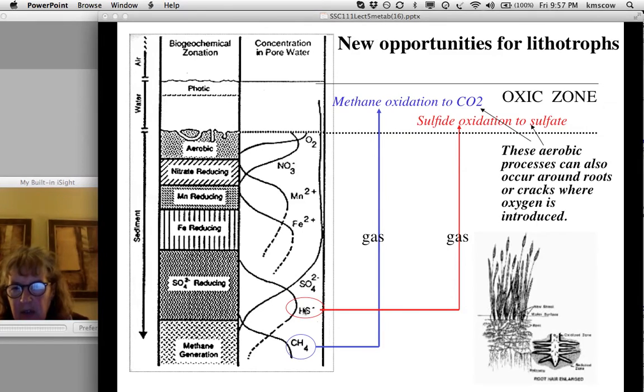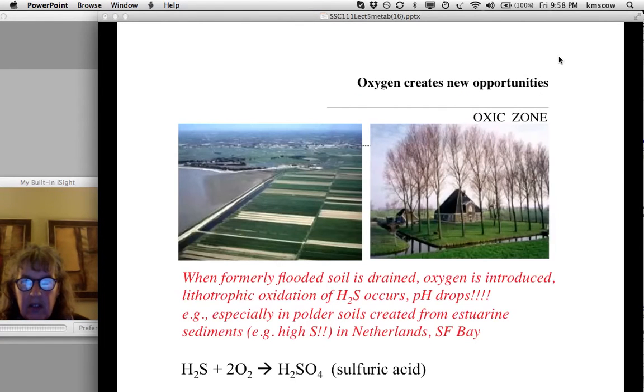And if they do, then there would be a source of electron acceptor for these reduced forms of these elements that would be found down in those areas. So you might get some of that happening around plant roots. Cool, huh? And so organisms that are using these, formerly known as electron acceptors, now electron donors, these different elements, those are lithotrophs that are using those.